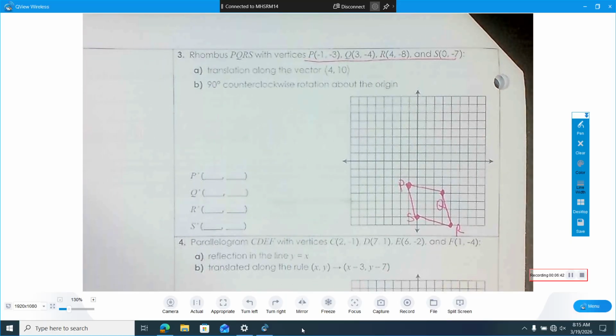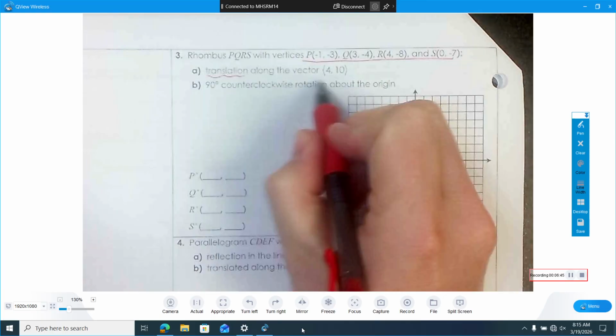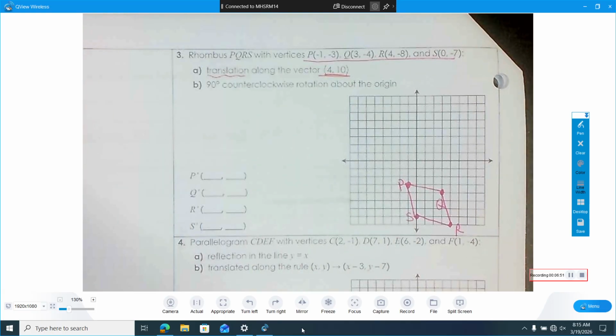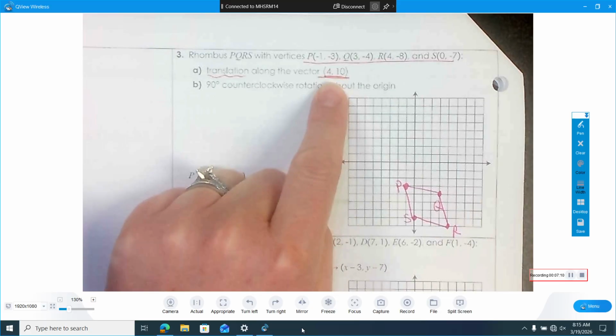All right, next we have a translation along vector <4, 10>. What does that mean, vector <4, 10>? That is component form. It's basically like X and Y, except it's on the other side of that. It's like it's telling us movement in the X and Y direction.